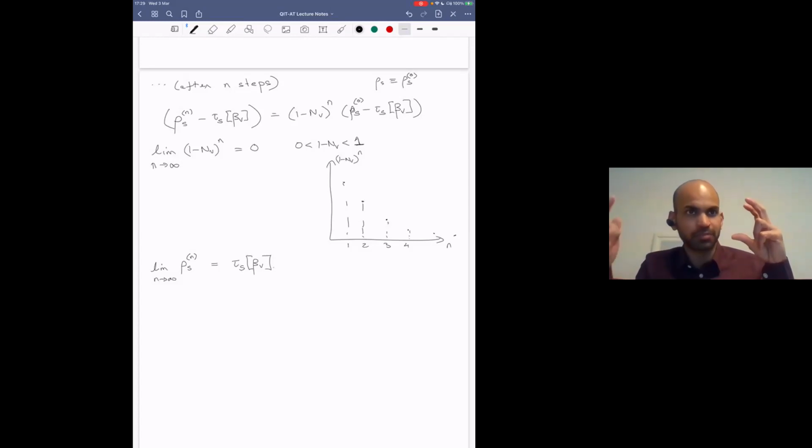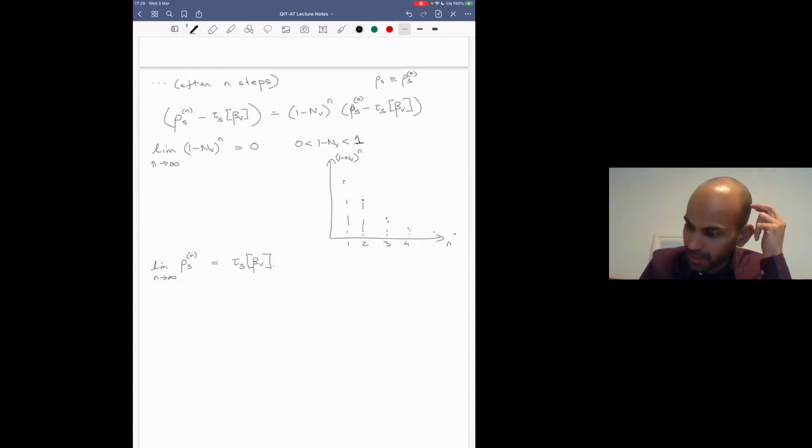In this case, it's a discrete process because we do a unitary and we reset, and we will discuss later examples of a continuous process. But this is a process that keeps repeating that will eventually take your system to that desired temperature or to that desired state. So it's the first example of such a procedure that we have.